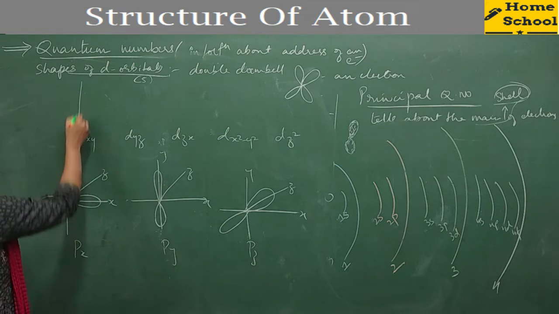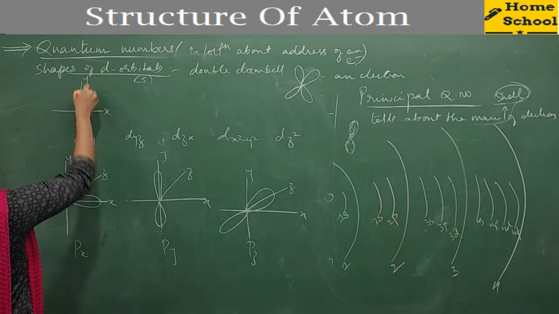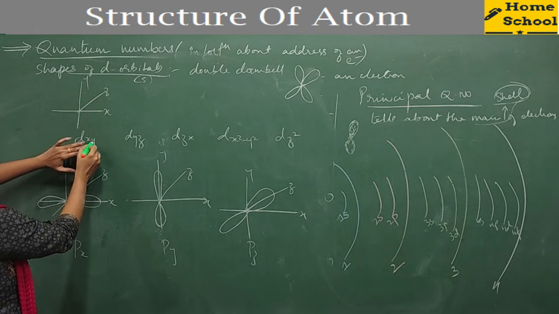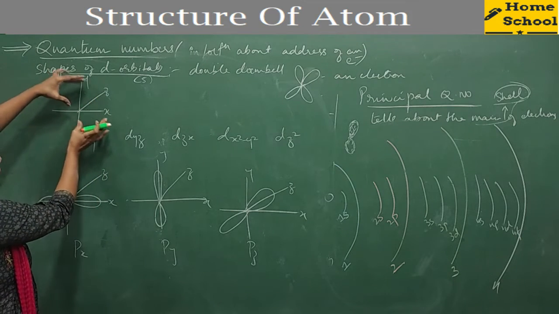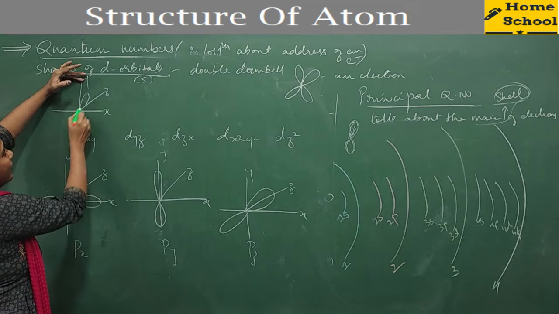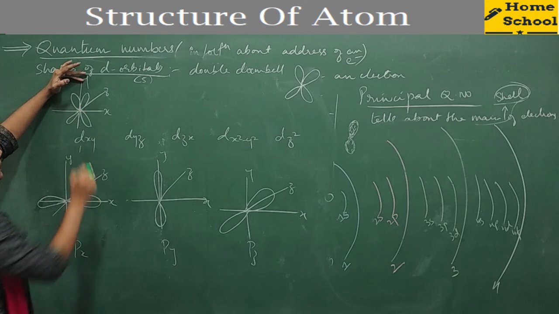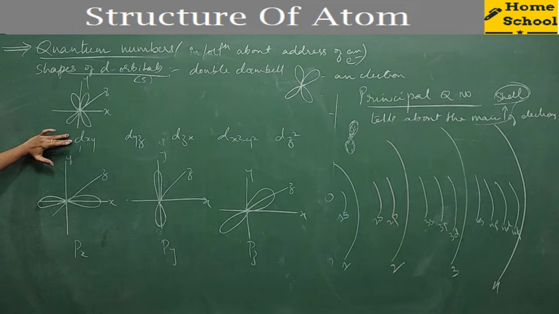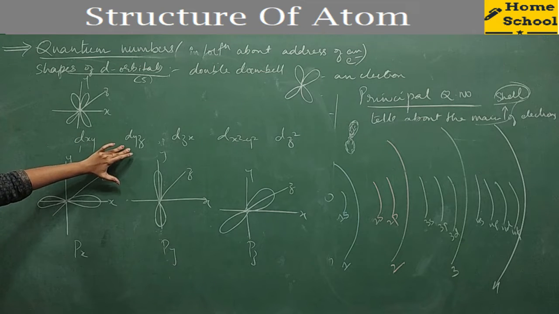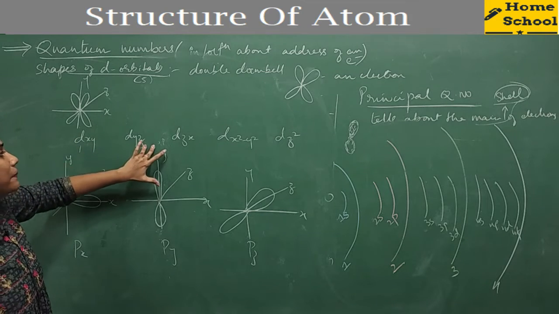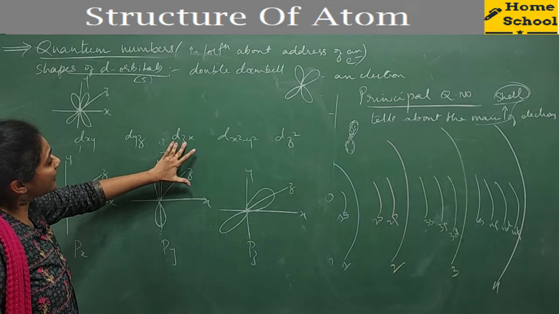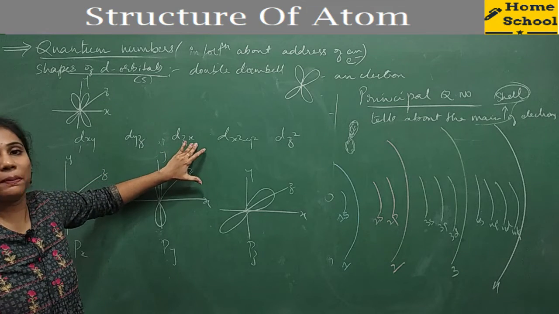If this is your x-axis, y-axis and z-axis, the dumbbells are present in between the x and y plane. Like this. They are present in between the x and y plane. Like that, the dumbbells are present in between the y and z plane. The dumbbells are present in between the z and x plane.